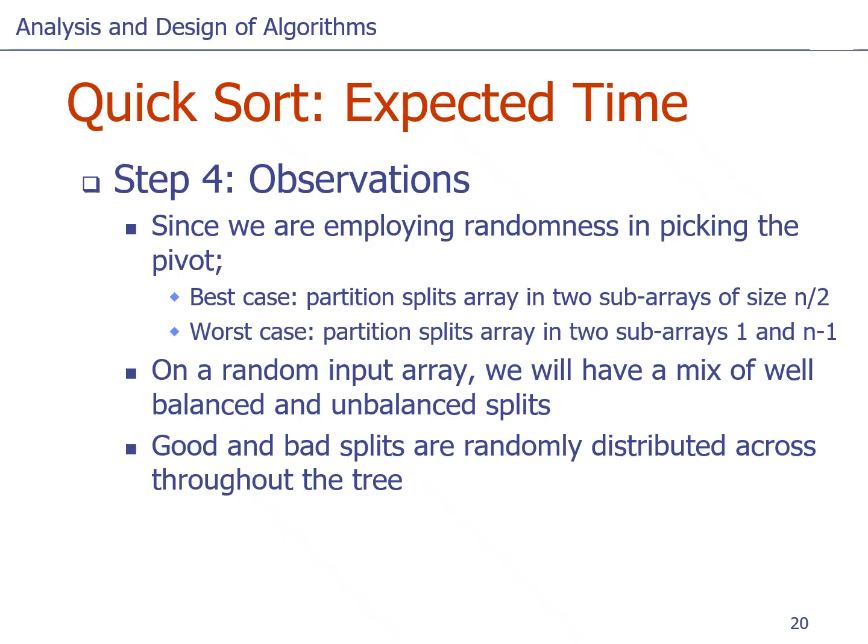And that's a bad case. This is what I try to highlight here. On a random input array, we will have a mix of well-balanced and unbalanced splits. Good and bad splits are randomly distributed throughout the tree. In the tree of sorting the array from beginning to end, we will have good splits followed by bad splits, followed by good splits, followed by bad splits, and so on.